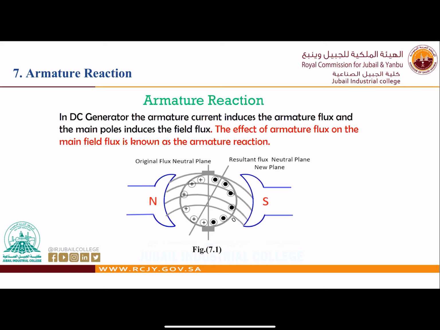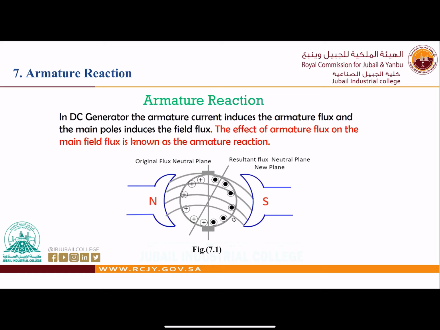Now we will introduce a very important terminology, which is armature reaction. What is armature reaction? We know the poles of the machine, we know the magnetic field of the field winding, and the armature winding. We have two fields: the armature winding, which is the rotor, and the field winding, which is the stator.